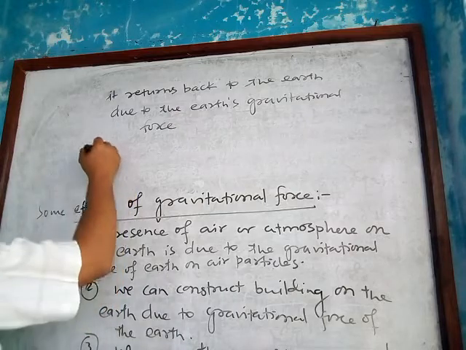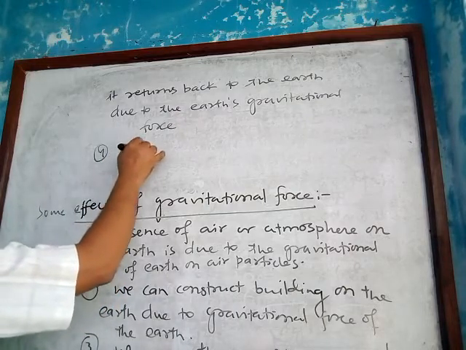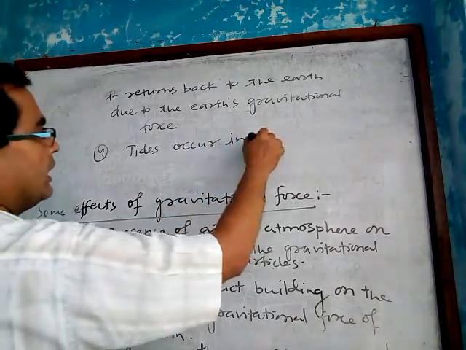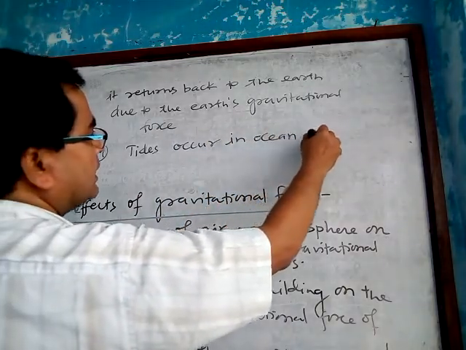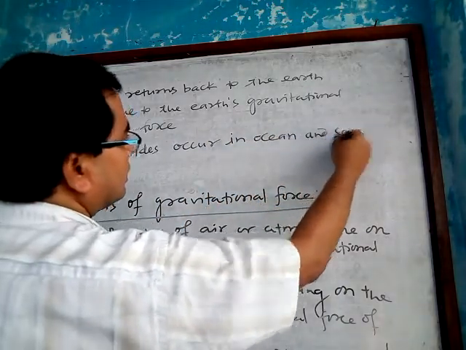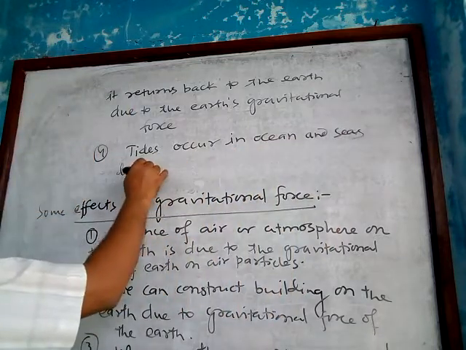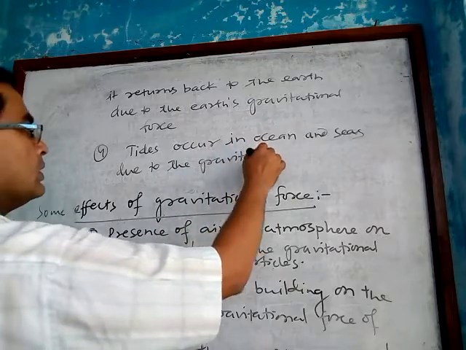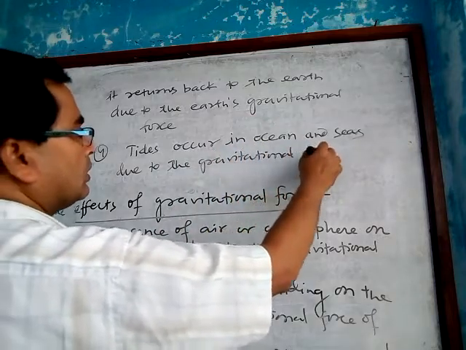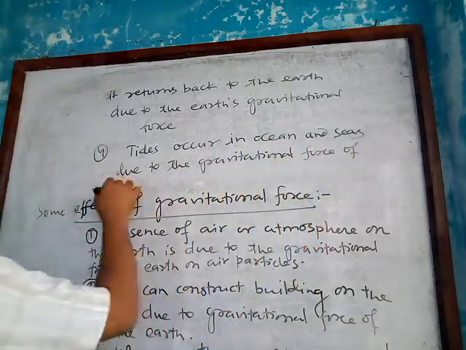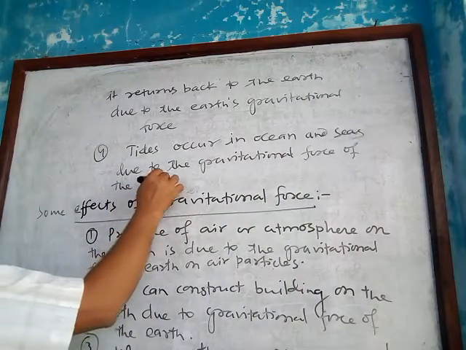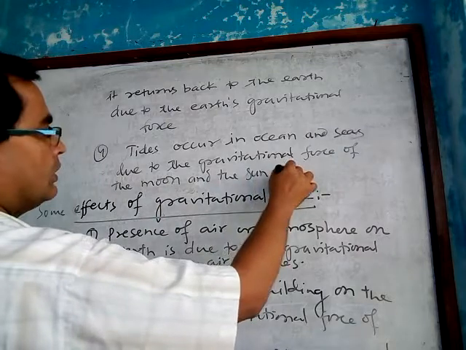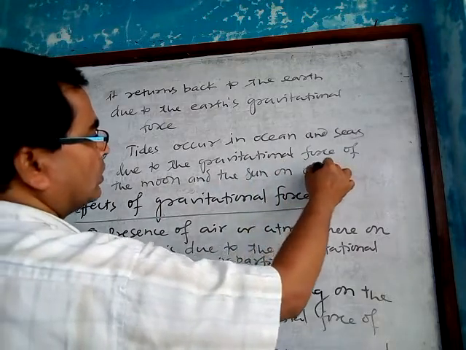Okay, tides occur in oceans and seas due to the gravitational force of the moon and the sun on ocean water.